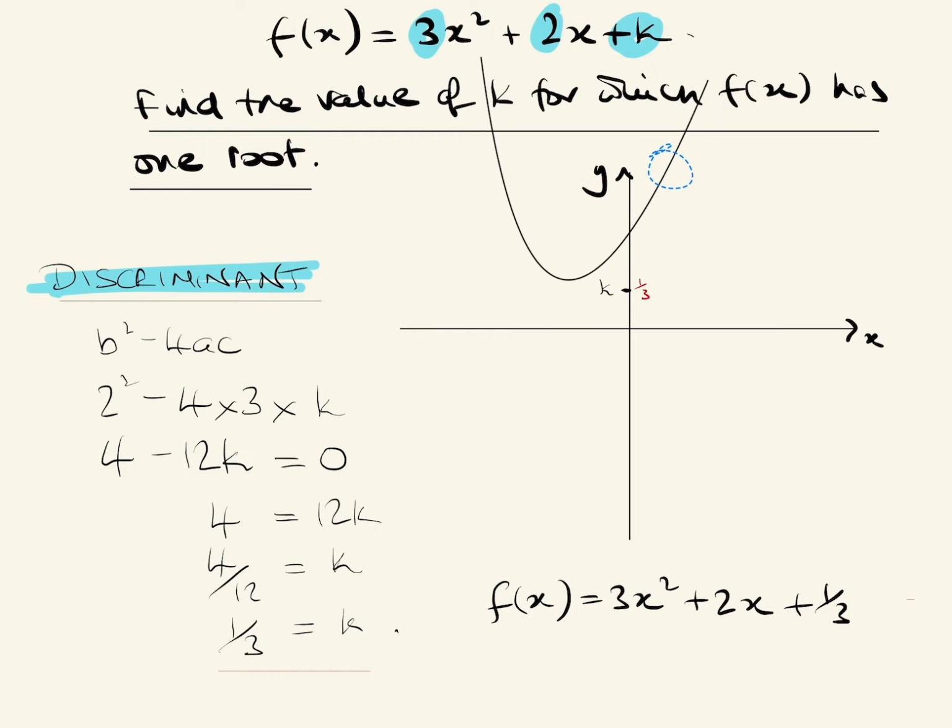If it was going to have two real roots, then can you see that k would have to be less than 1/3, because we'd have to have that quadratic graph go through the x-axis on 2 occasions. So k would have to be less than 1/3 for two real roots, or more than 1/3 for no real roots, but exactly 1/3 to have one real root.